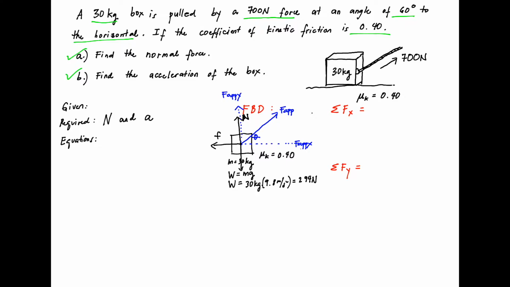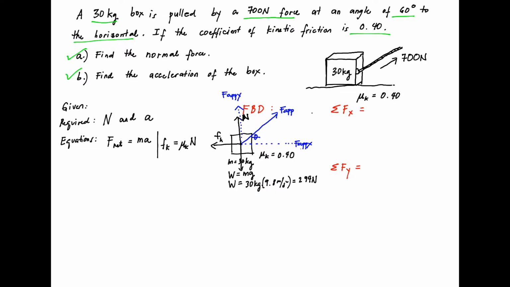F net, or the net force, equals mass multiplied by acceleration. We also have the kinetic frictional force, which is the coefficient of kinetic friction multiplied by the normal force. Take note that we are using kinetic friction since the box is moving.